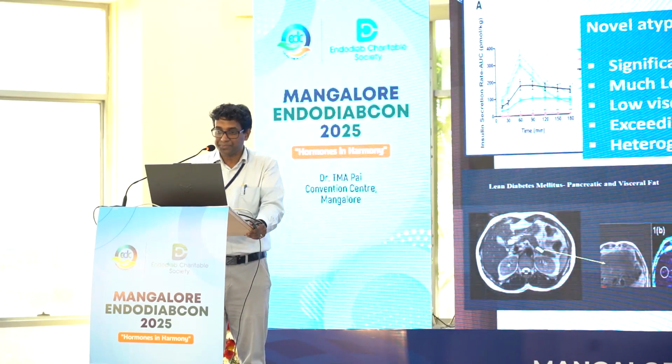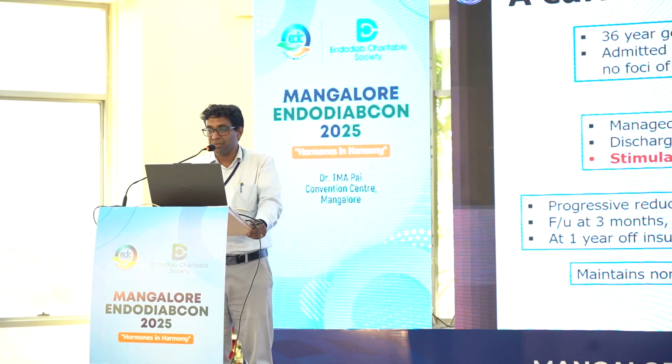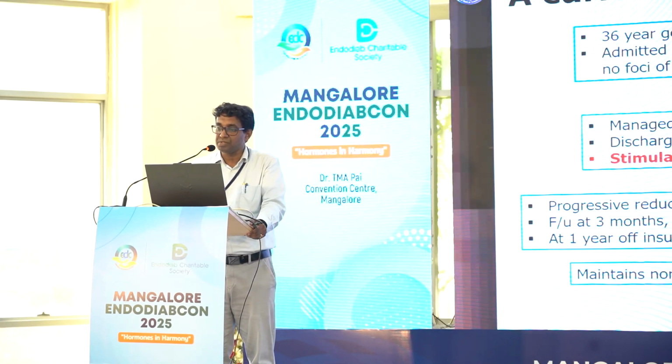Moving on, this was a very interesting patient who came with frank diabetic ketoacidosis, A1C of 12, autoantibodies negative, and stimulated C-peptide in the range of 0.6 nanograms per ml. We started the patient on insulin, and had a rapid reduction in insulin requirements over the next 3 to 6 months, so much so that the patient was taken off insulin and started only on oral anti-diabetic drugs.